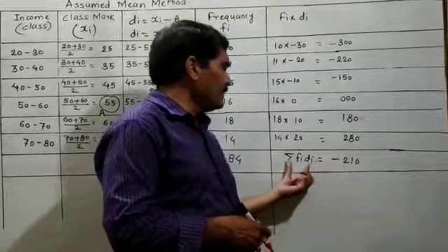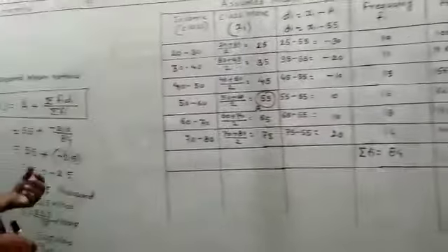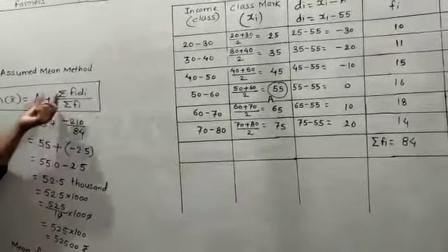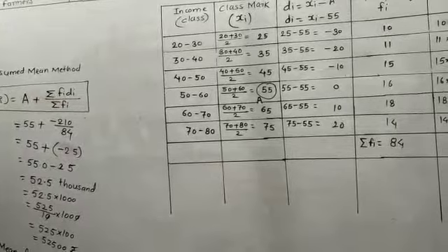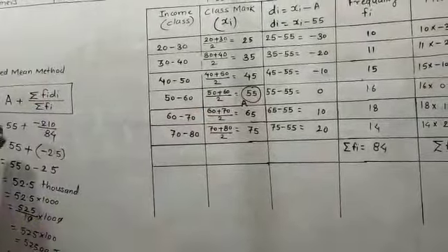Once you get the sum of fidi and the sum of fi, by the assumed mean method you find the mean is equal to A plus sum of fidi upon sum of fi. So this assumed mean is 55.